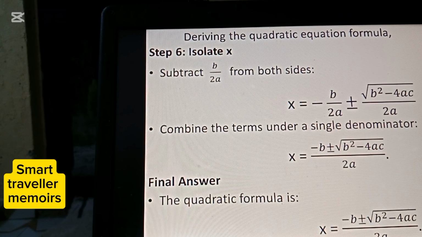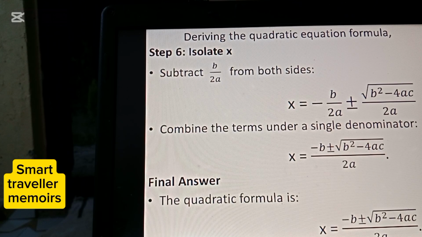Number 6 is we isolate x, and this is done by subtracting b over 2a from both sides. So you end up by having x is equal to minus b over 2a plus or minus the square root of b squared minus 4ac over 2a. If we combine the terms as a single denominator, we are going to have x equals minus b plus or minus the square root of b squared minus 4ac, over 2a.